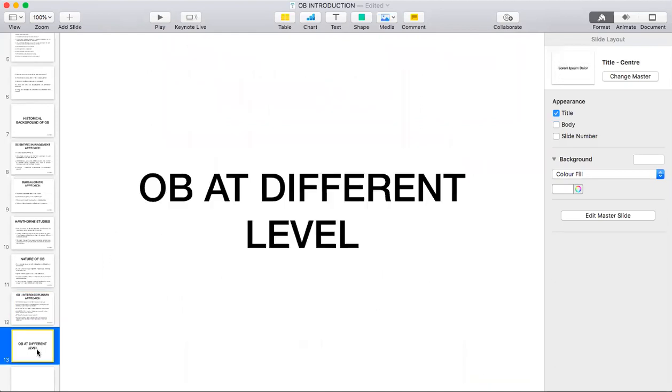So the next topic of discussion is OB at different levels. If you remember, in the last class we discussed that organizational behavior is basically helping the company analyze why and how an individual behaves in a particular situation.